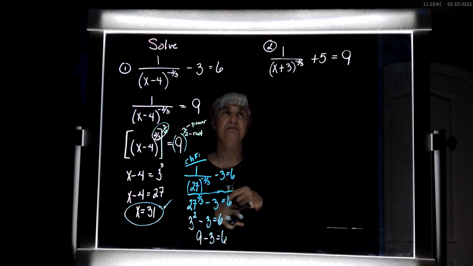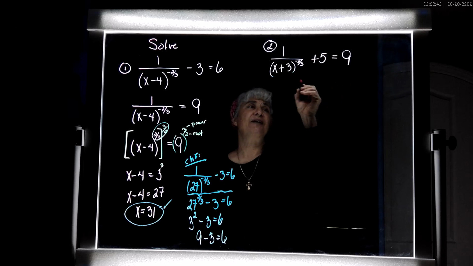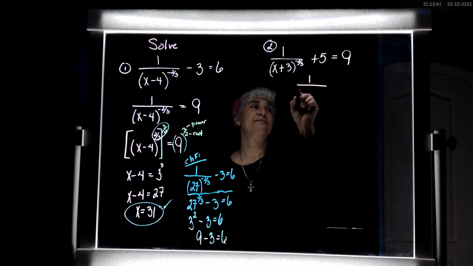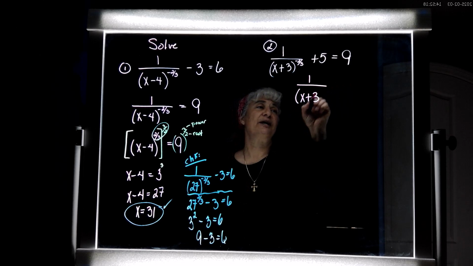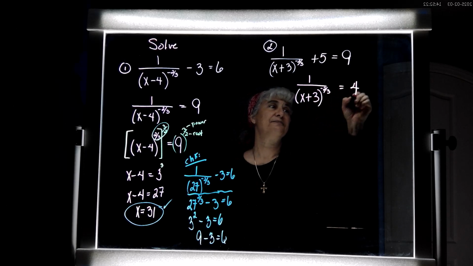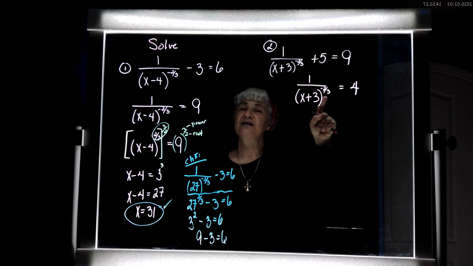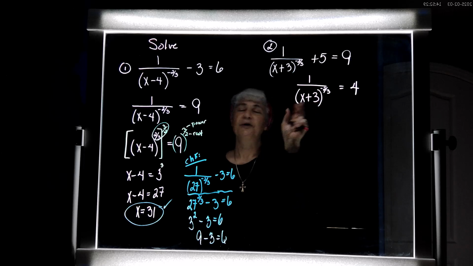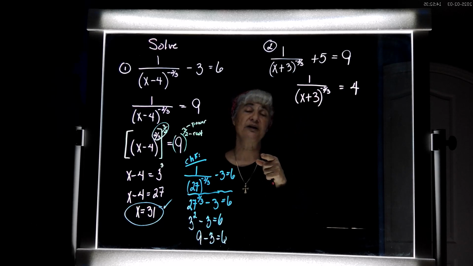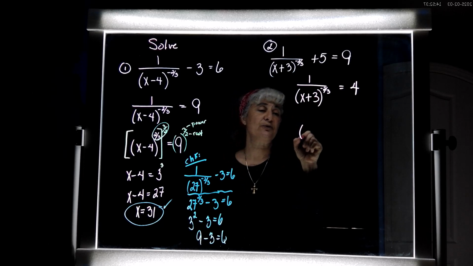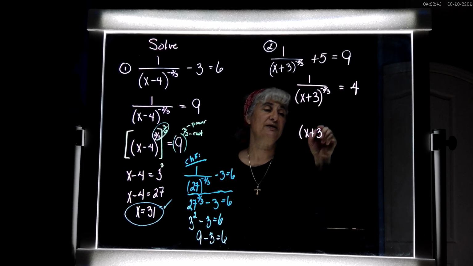Here we go. So I'm going to move that 5 over because I'm solving for x, and I need x by itself, right? The negative on the exponent, pardon me, the negative on the parentheses in the exponent tells me that this parenthesis is in the wrong place, so I need to move it. So the x plus 3, that parenthesis does not belong in the denominator, it belongs in the numerator.